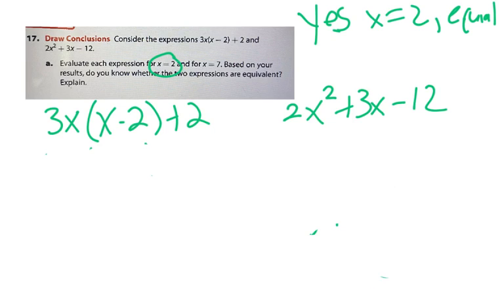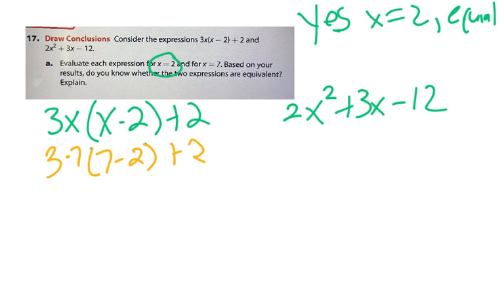Take a second and think. Will they be equivalent? You should be able to tell right now. I think I'll go yellow on this one. So when I plug a 7 in for x, this is going to be 3 times 7. This is going to become a 7 minus 2 plus 2.